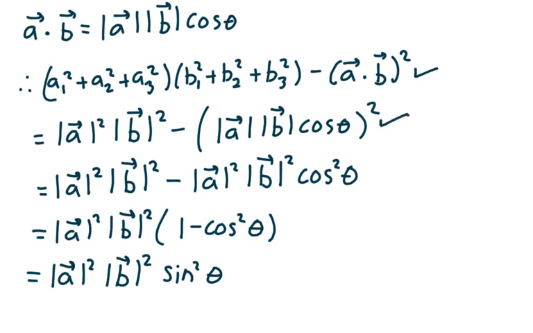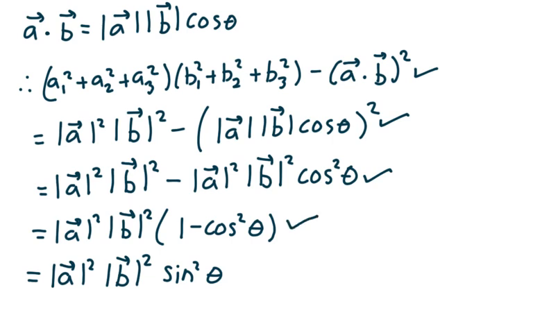Now I'm going to square each factor, right? So on the next line, I get the magnitude of A squared times the magnitude of B squared minus the magnitude of A squared times the magnitude of B squared times cosine squared theta. And so I'm going to factor out a magnitude of A squared times the magnitude of B squared.